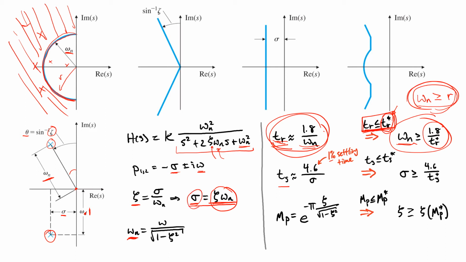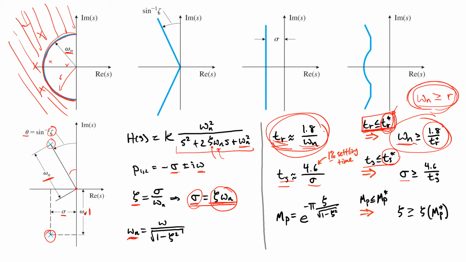So now this is just going to be 4.6 over the real value. And if we have a time domain specification that says that we want our settling time to be less than some value, say 5 seconds, then, because these are inversely related, our real value has to be bigger than 4.6 divided by our desired settling time.